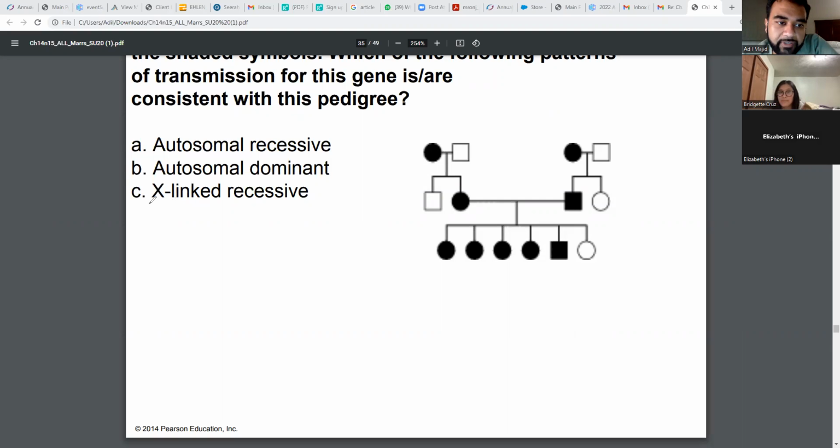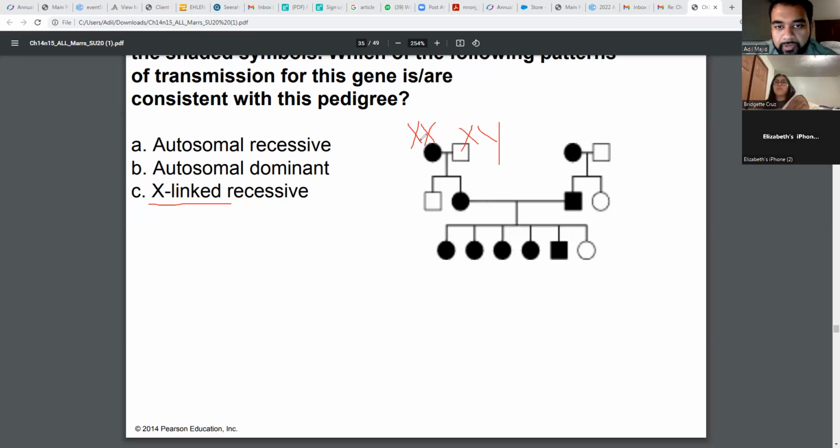Why start with X-linked? Because we know that squares are males, so they have to be X, Y, right? And these guys right here have to be X, X, okay? So that's why I think starting with X-linked, sex-linked is going to be the easiest. Now, let's say it's X-linked recessive, okay?